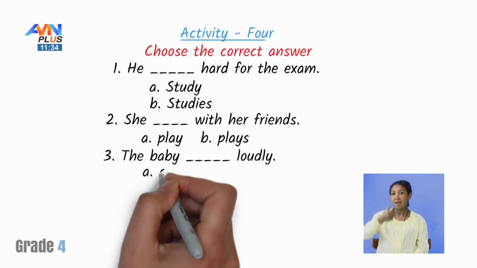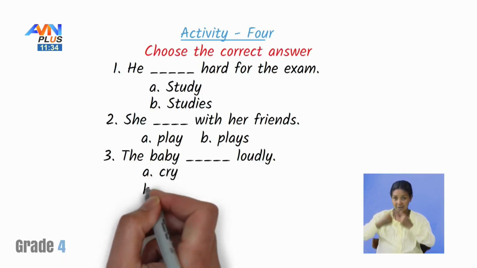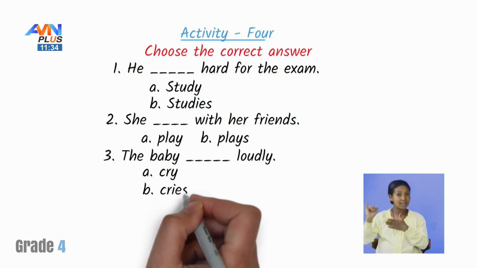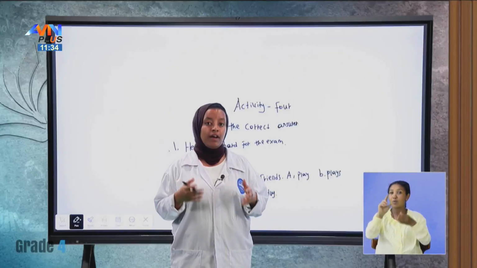A, cry. B, cries. Students, here is the activity. Let me give you 1 minute and a half, and I'll be back.